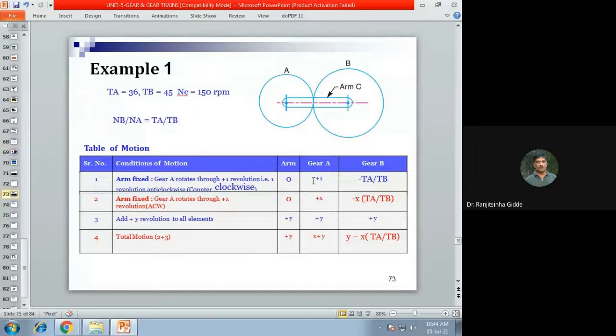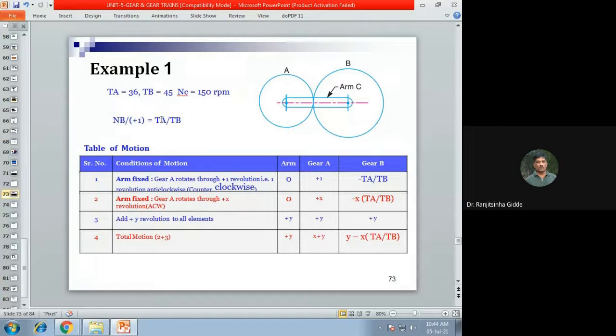Right. So speed of A, here I will write directly plus 1. Then how to get the value for this NB?